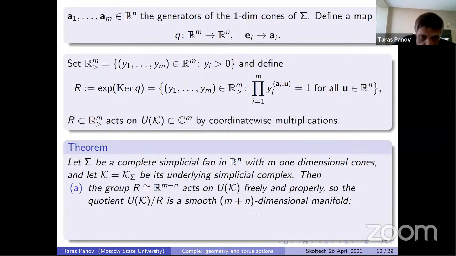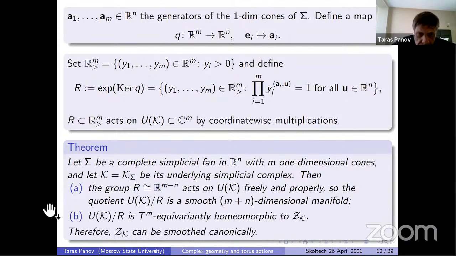And once it acts freely and properly, you can deduce that the quotient is a smooth manifold using the transverse atlas. Furthermore, it obviously has a T^m action, and it's homeomorphic to the moment angle manifold, the moment angle complex, sorry, corresponding to the fan.